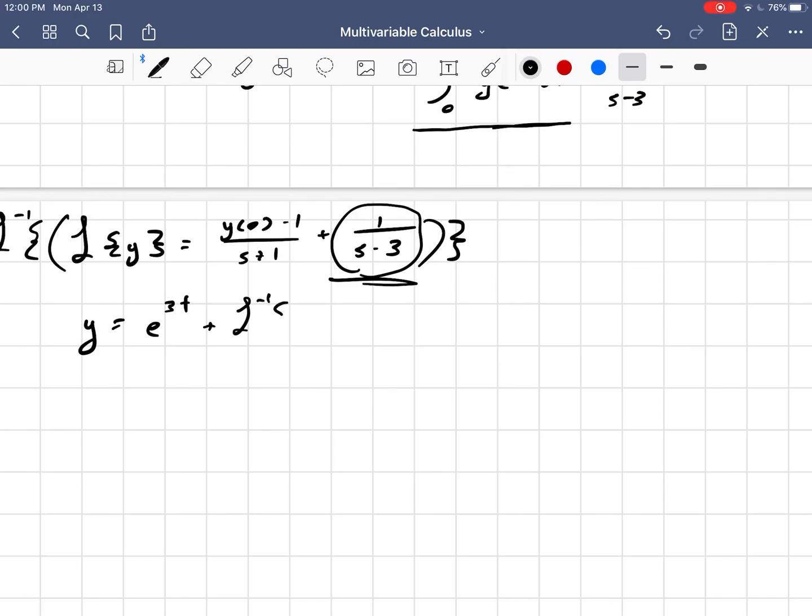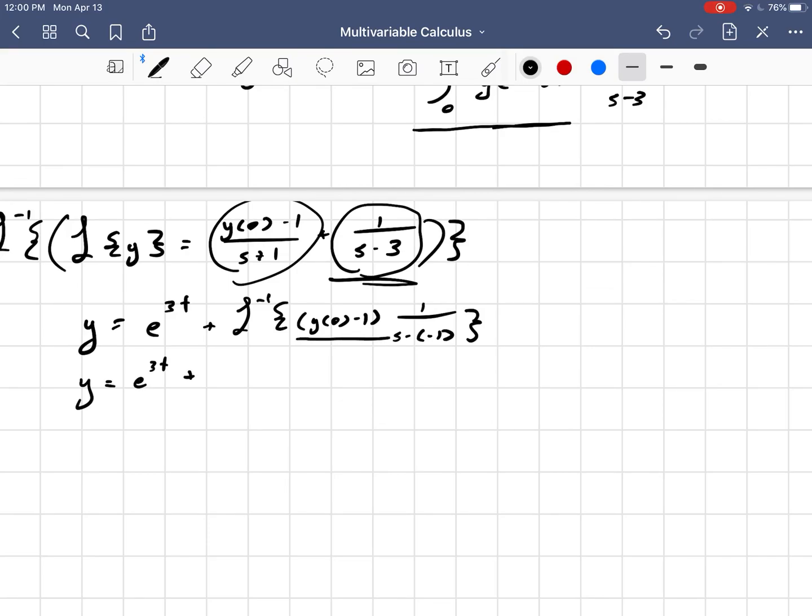And you might write it like this. I haven't gotten formally into Laplace inverses yet, but if I take the Laplace inverse of this part here, let me write it like this. I have y of 0 minus 1 times 1 over s minus negative 1.